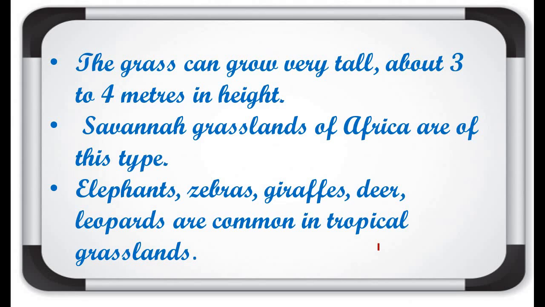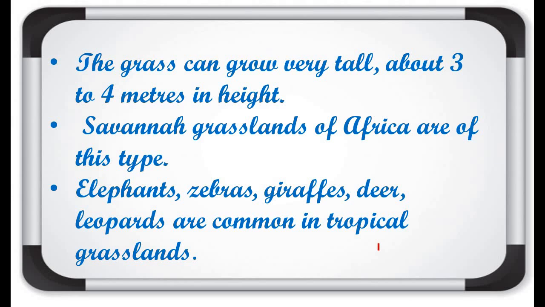Again I am telling you, they are found in the outskirt area of the equatorial belt, in areas where there is low to moderate rainfall. They are also referred to as savanna grassland, and the main countries where they are found are Kenya, Tanzania, and Zimbabwe.